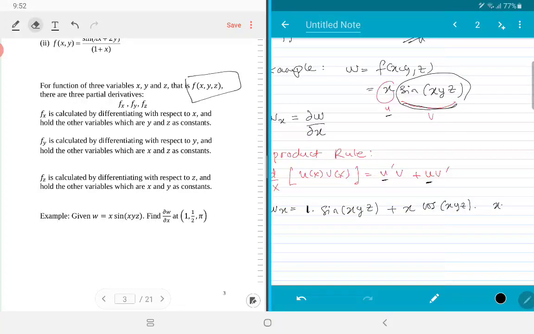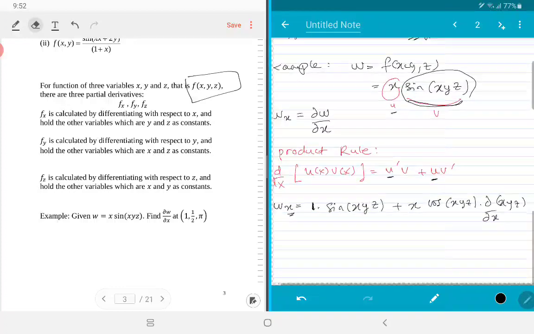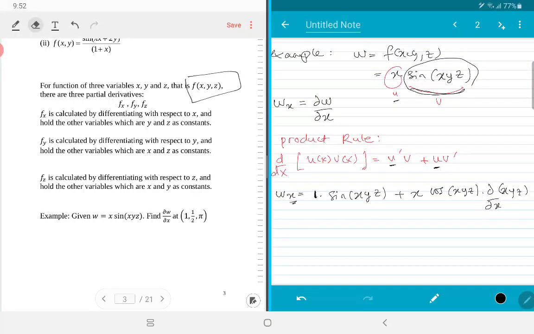The inside function is xyz, but remember we differentiate this with respect to x. If you differentiate xyz with respect to x, we consider y and z as constant. So yz times the derivative of x, which is 1.